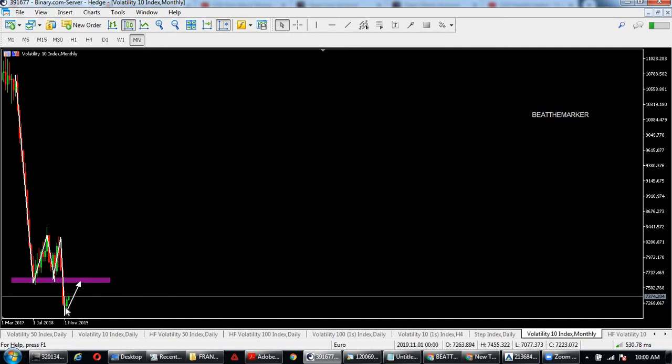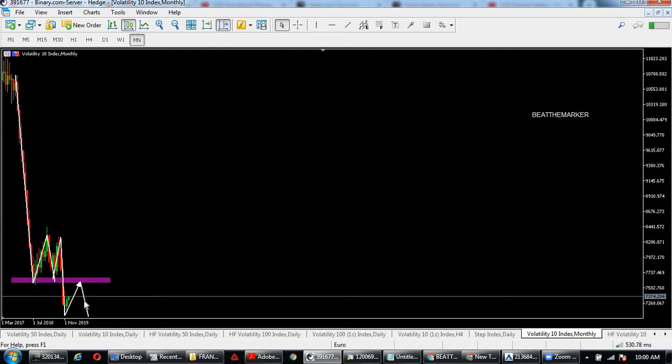So we are expecting price to come and retest this previously broken support and then find a resistance to head much further back to the downside. So this is the information we are gathering from the monthly time frame.